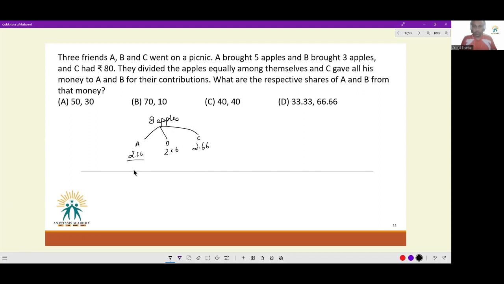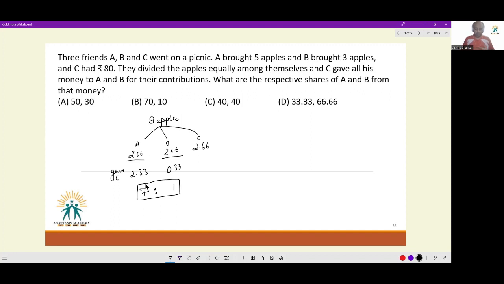A had 5 apples, so he gave C 2.33 apples. B had 3 apples, he had brought his own 3, so he gave C 0.33 apples. Now 2.33 is to 0.33, the ratio is 7:1.